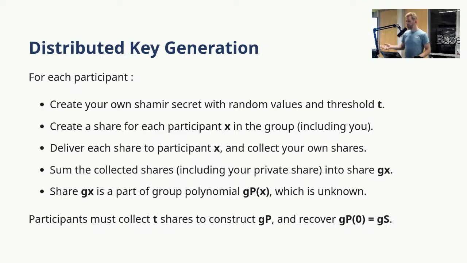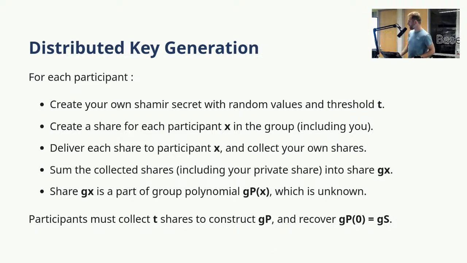Everybody does need to agree on what the threshold is going to be. They create shares for everybody else in the group, including themselves. Then they deliver at least one share to each other person so that everybody has a share of everybody else's secret. And then you just add these shares together.